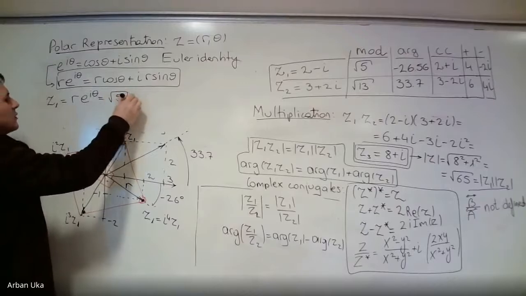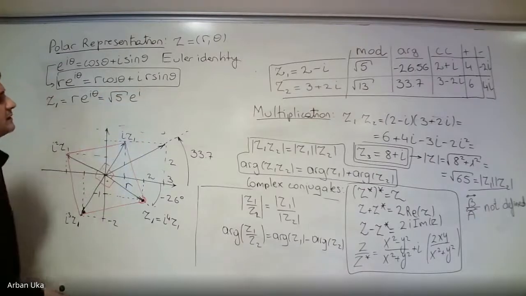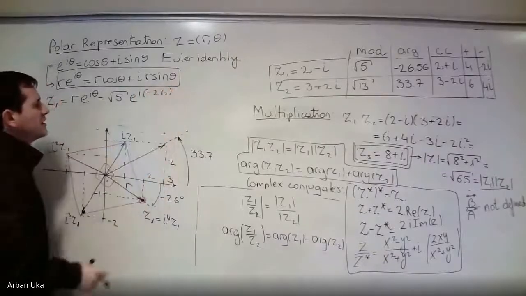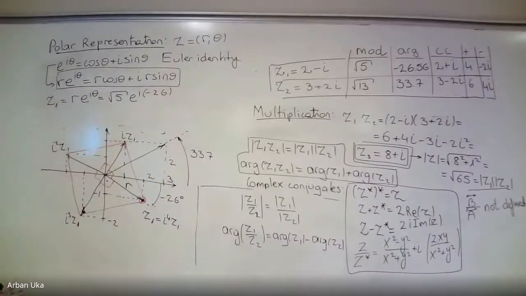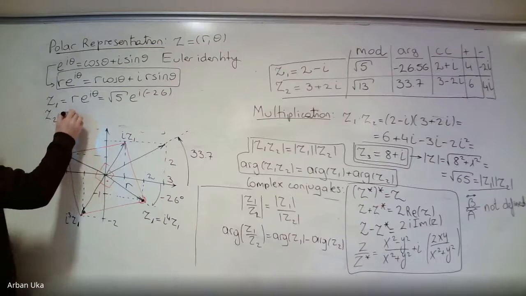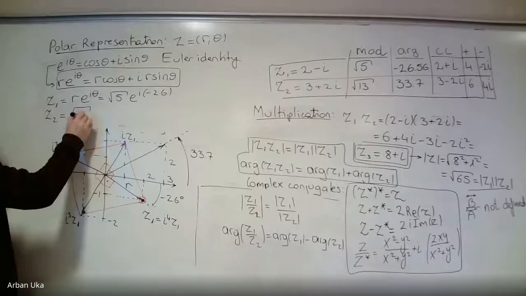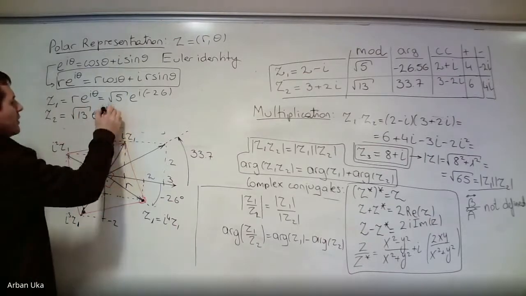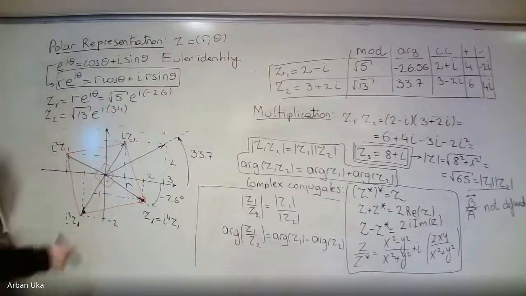And this is e to the power i times what? Minus 26. Let me write this minus 26. It is minus 26.56, but let's leave it like this for now. And Z2 is equal to, similarly, square root of 30 times e to the power i times 34. Let me write this one, 34.